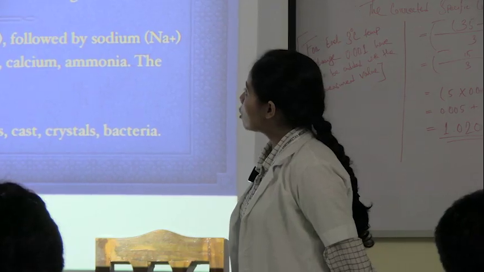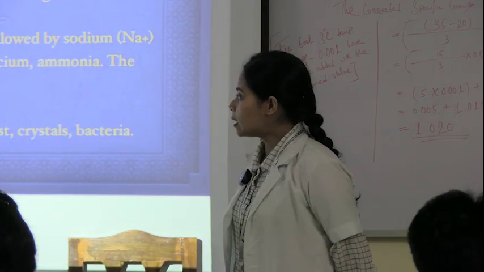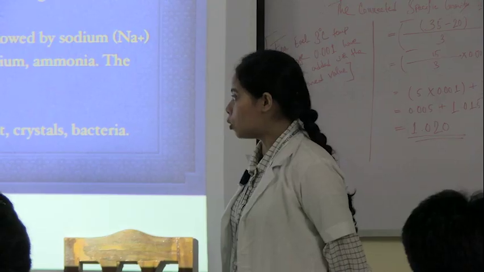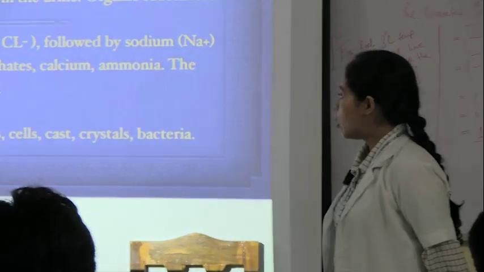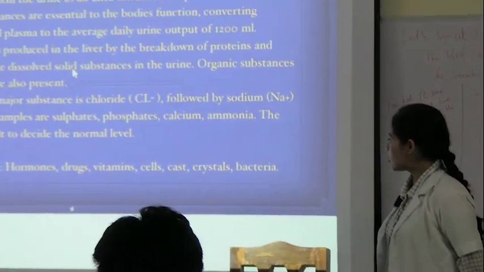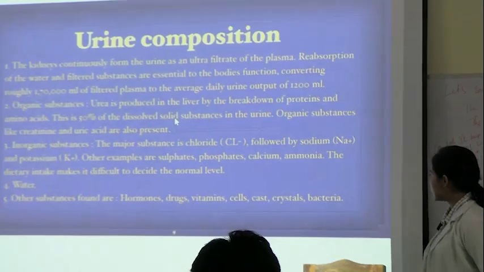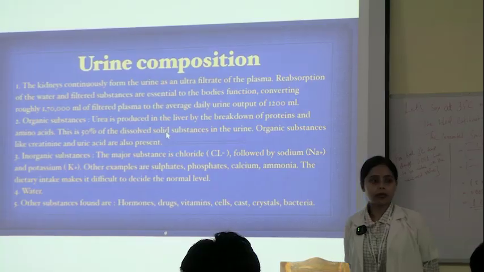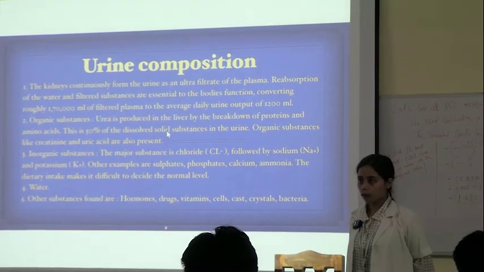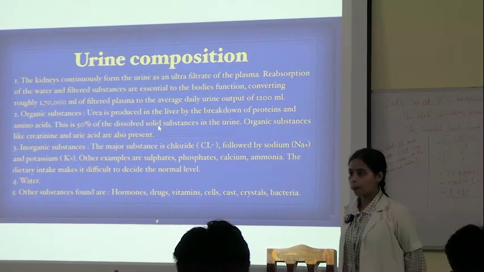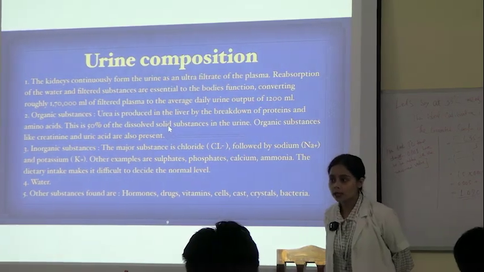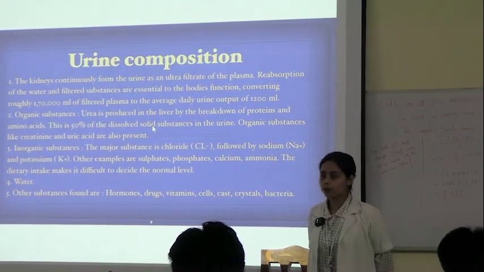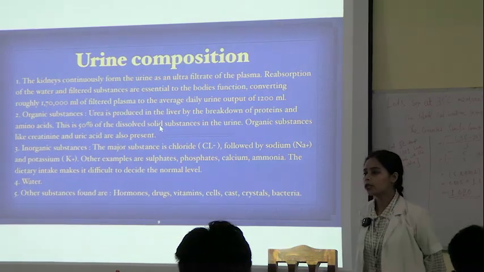And in another composition of urine, there is water, and other substances found are hormones, drugs, vitamins, cells, casts, crystals, bacteria. Now what kind of hormones can we find in urine? Any idea? HCG. Yes, beta HCG, very true. What does it help us to detect?